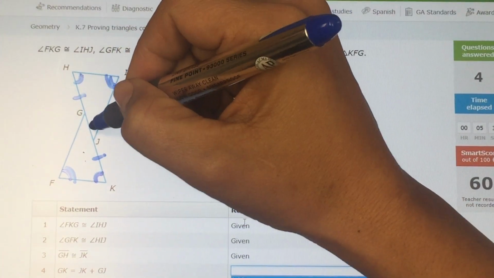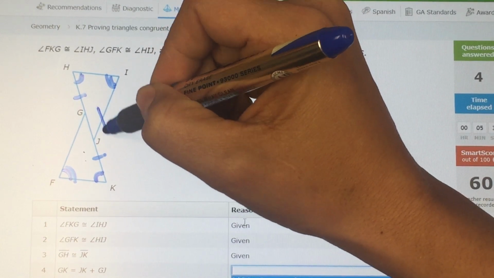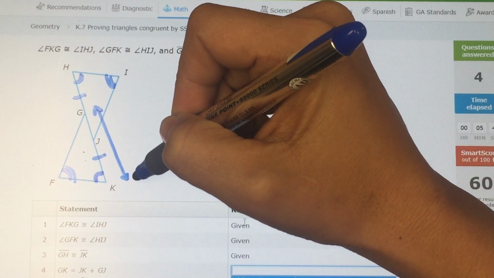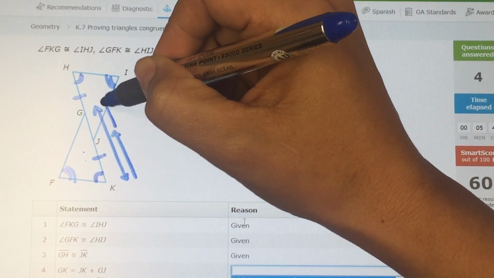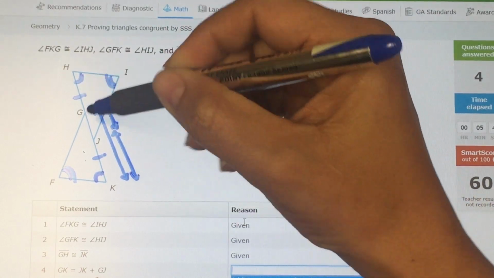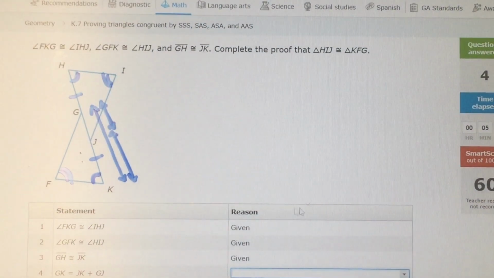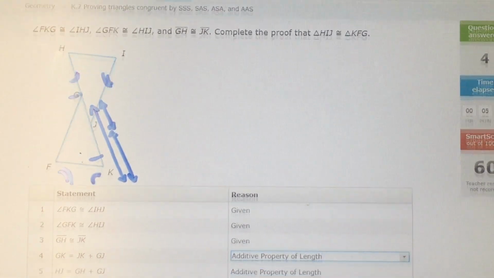Why is it that GK, from here to here, is equal to JK, is equal from here to here, plus GJ? Why is this added to this the whole thing? Because additive property of length. When you add part 1 plus part 2, you get the whole thing.